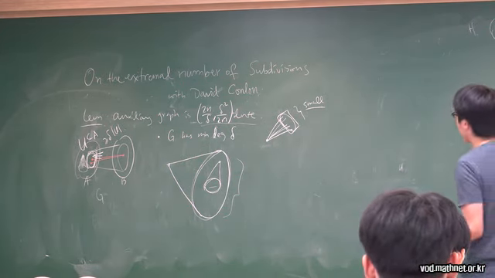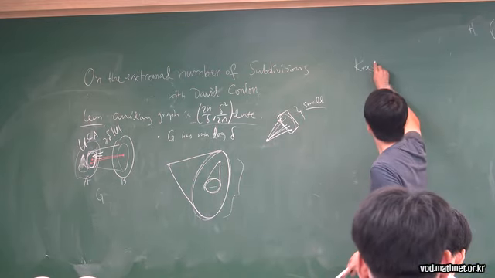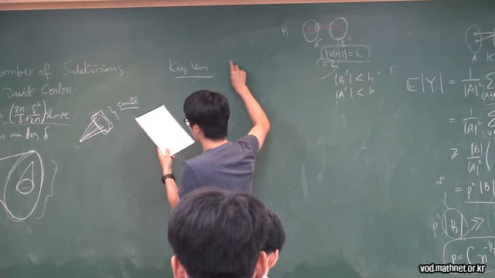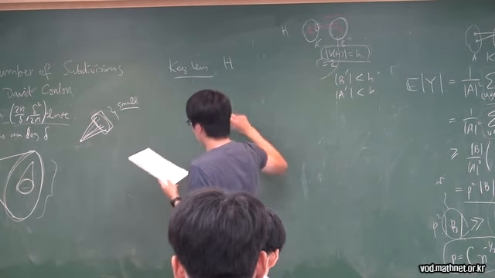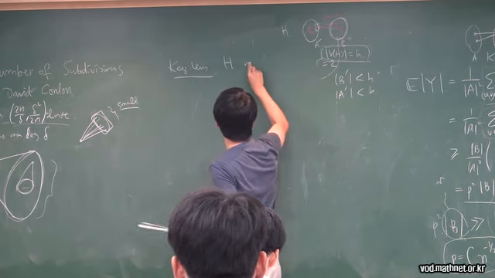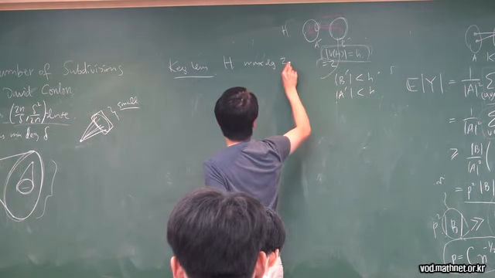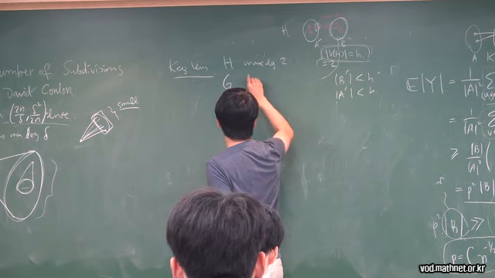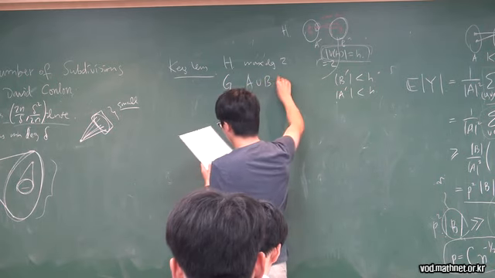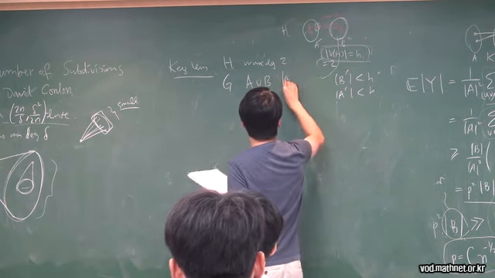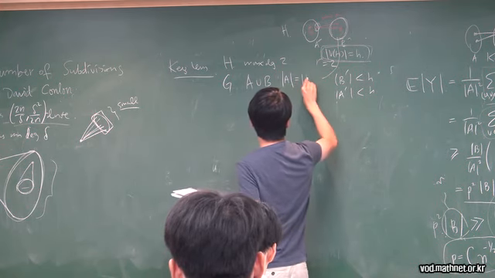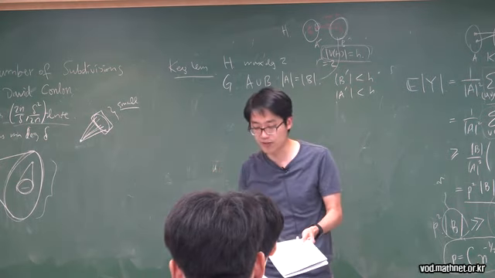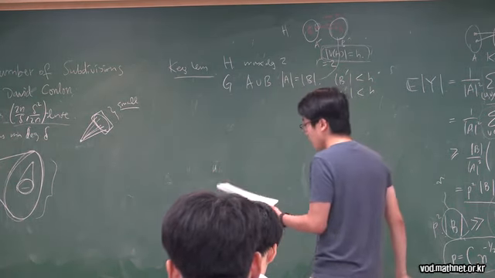Yeah, so here's a key lemma, which is for any bipartite graph H with max degree 2 on one side, and my G is bipartite on A union B. Let me just assume that A and B are the same size, but in the actual proof, the A and B are just off by a constant from each other.